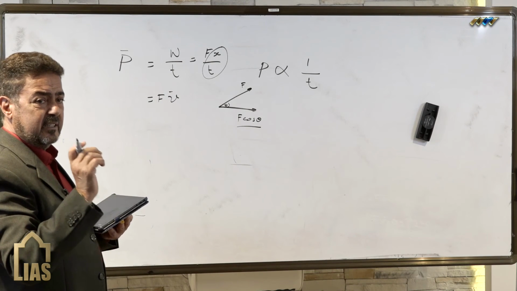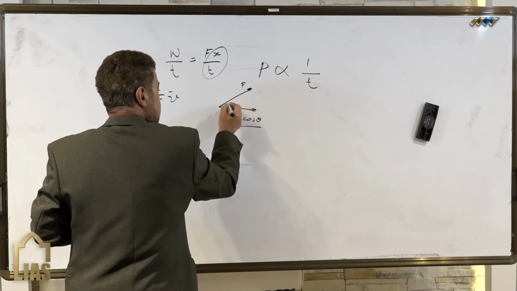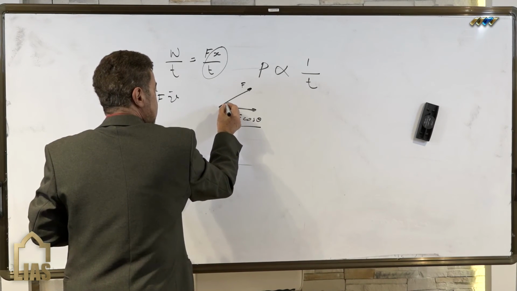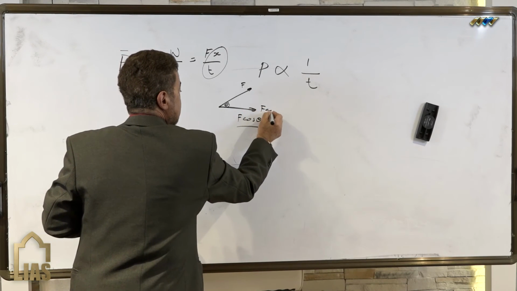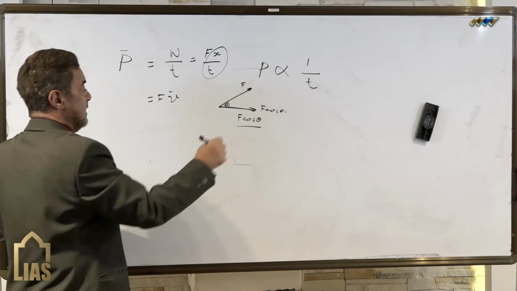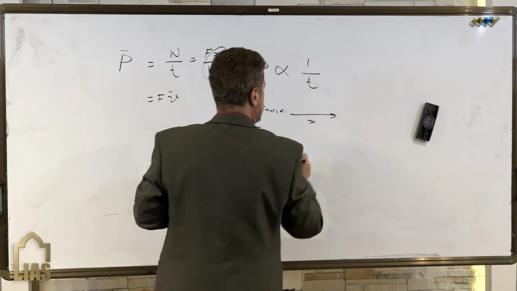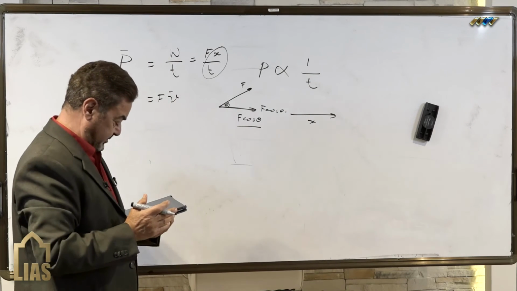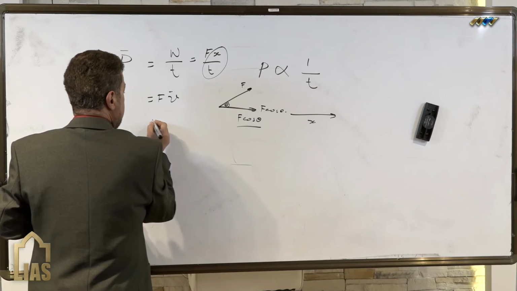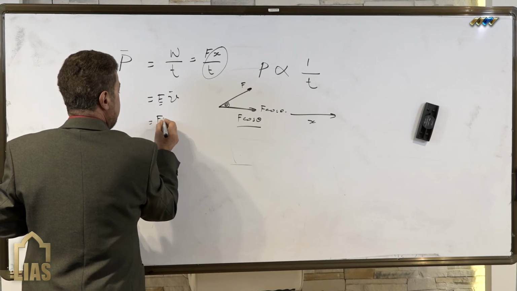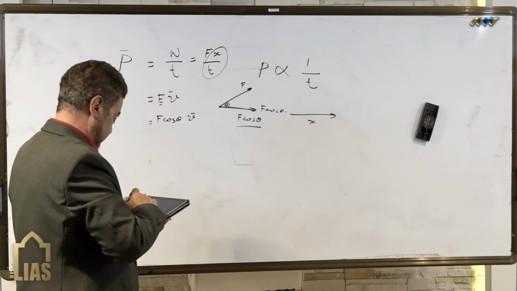If F makes with the horizontal theta, then this here is F cosine theta, because it's in the direction of x. In this case, then P is F cosine theta times V average.